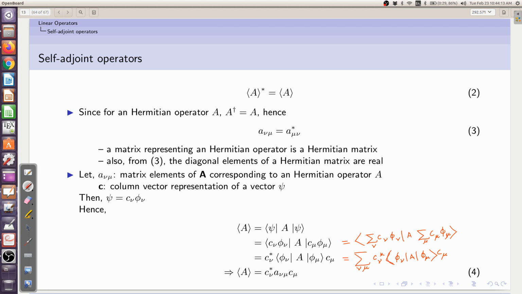This gives the elements of the matrix which represents the operator A, as we have already seen. So we get a double sum over nu mu, C nu star, A nu mu, C mu.